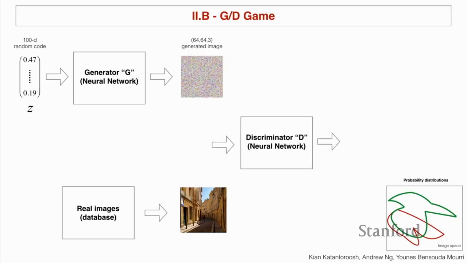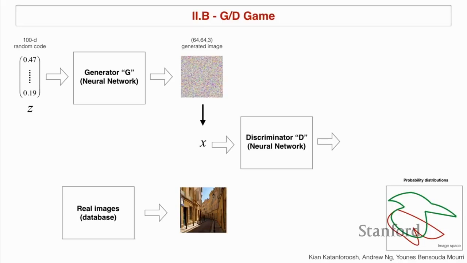We'll define a discriminator D, and the goal of the discriminator will be to detect if an image is real or not. So we're going to give several images to this discriminator. Sometimes we will give it generated images, and sometimes we will give it real world images. What we want is that this discriminator is a binary classifier that outputs 1 if the image is real and 0 if the image was generated.